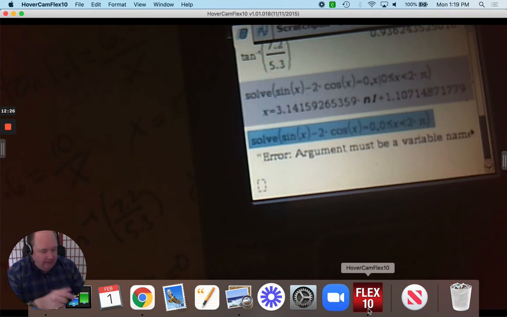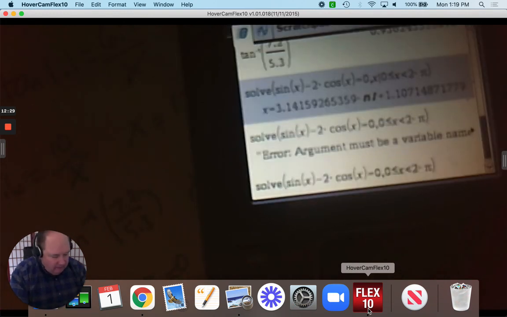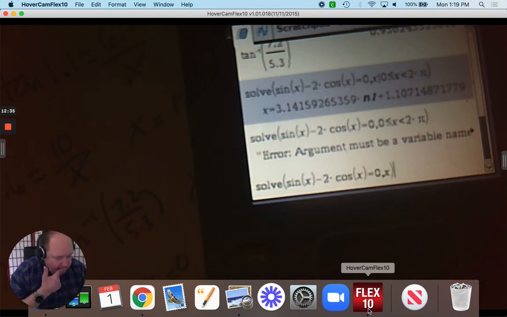All right. So am I going to give up here? No, I'm not going to give up. So we typed in the equation. I'm going to solve for x. And then how do I put in a domain restriction?